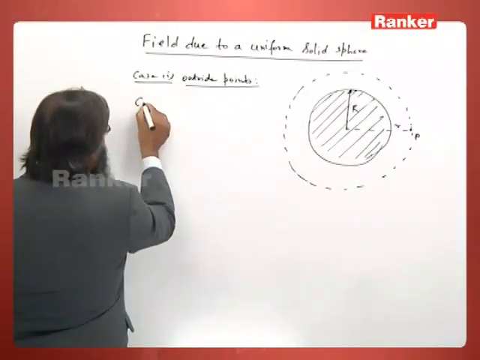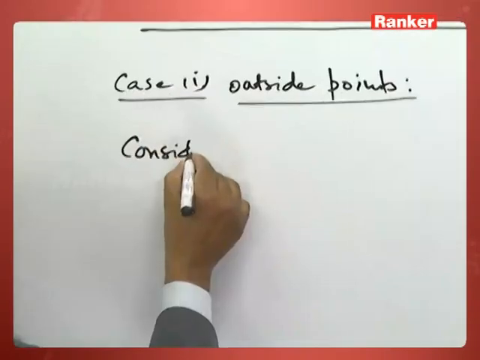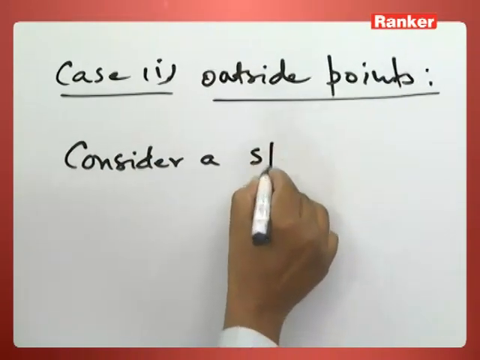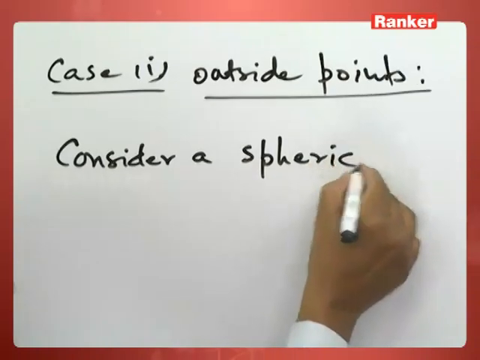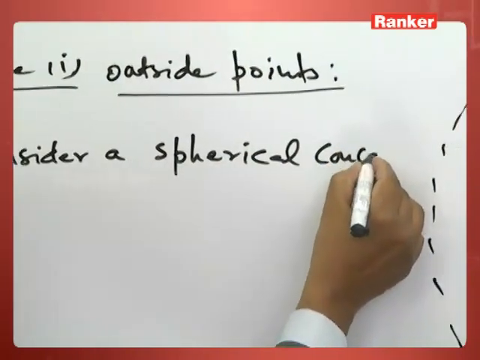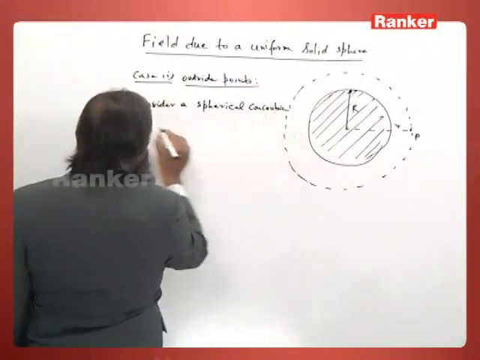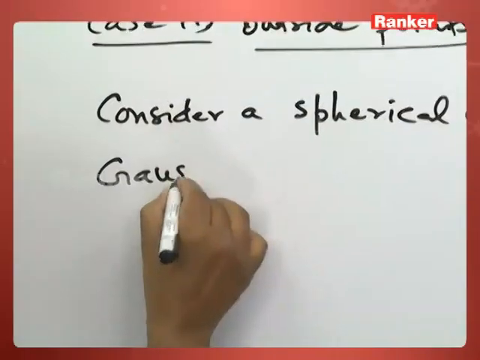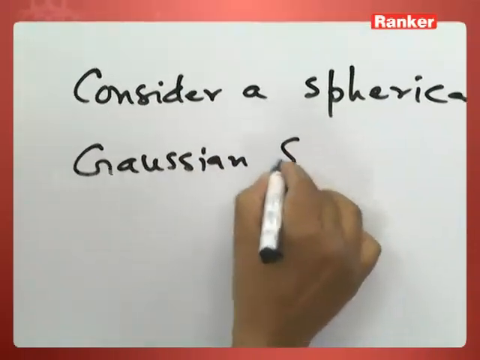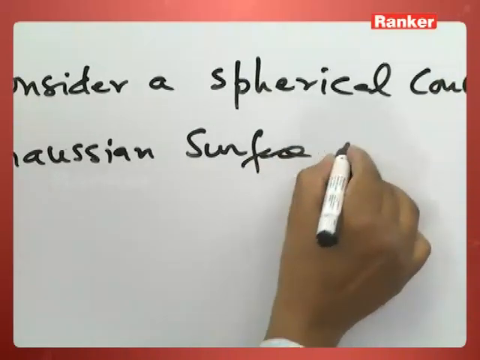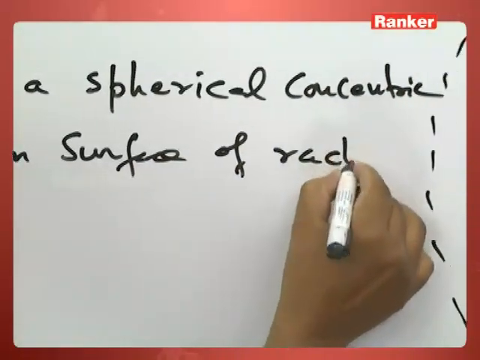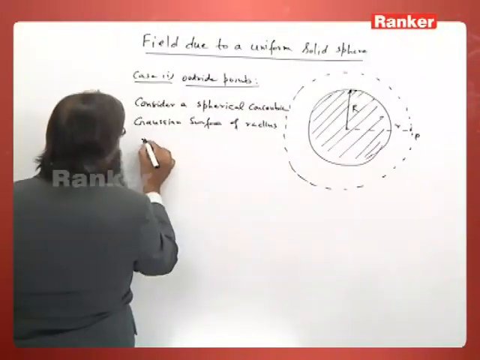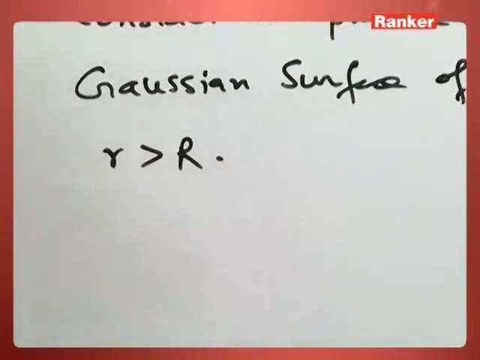So, consider a spherical concentric Gaussian surface of radius r greater than R.